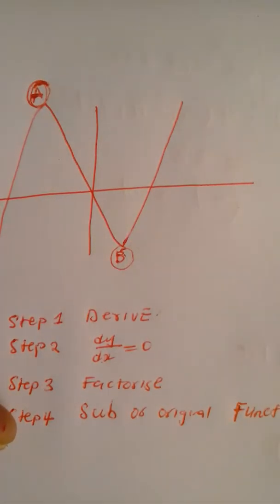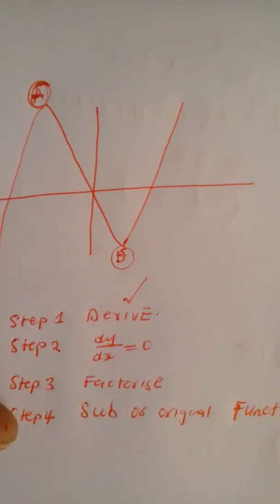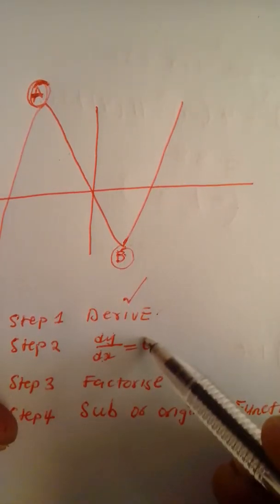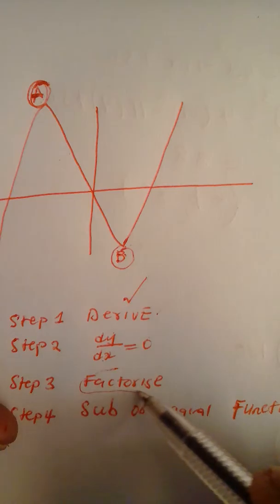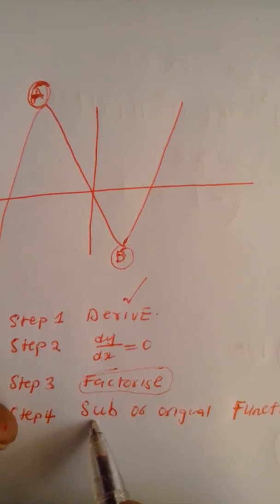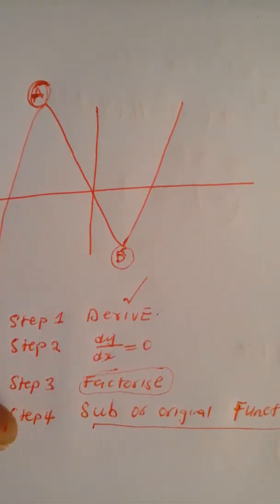Derive. So the key concept that I will say, do not forget, is to derive. Because after you derive, you will just have to know that dy over dx is 0, you factorize, or you use a quadratic formula. If you don't want to factorize, guys, you use a quadratic formula, then you substitute the value of x on the original function to find the turning point of y.